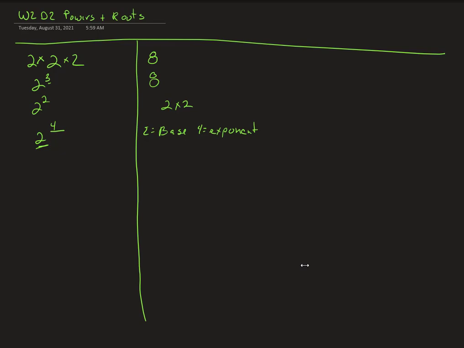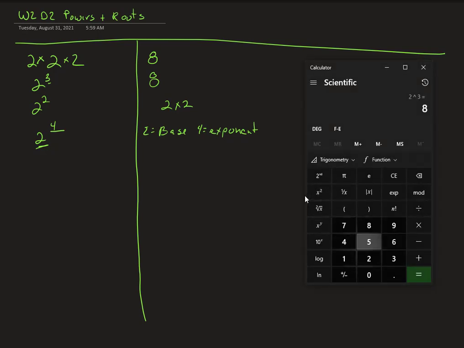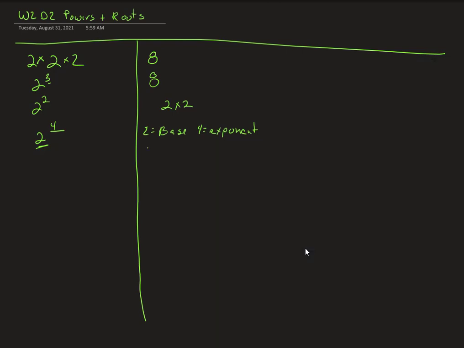We can do the actual operation of 2 to the fourth by going to our calculator and hitting the XY key and 4. Just like 2 times 2 times 2 times 2 equals 16, so does 2 to the fourth equal 16.